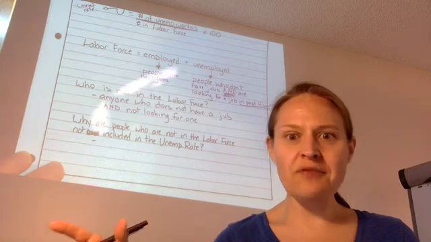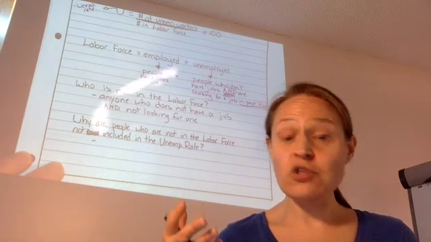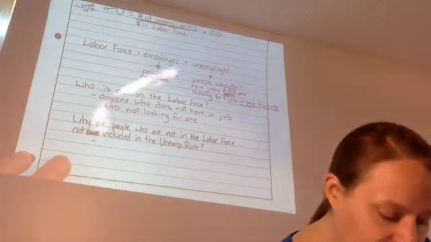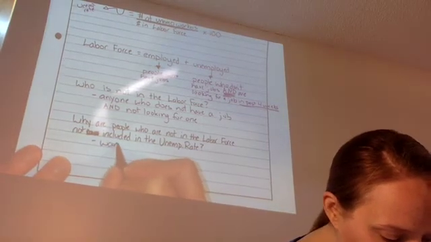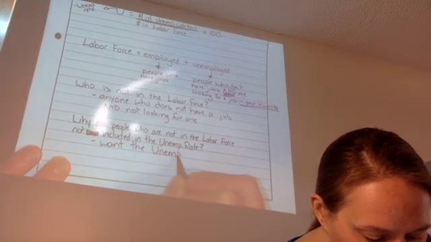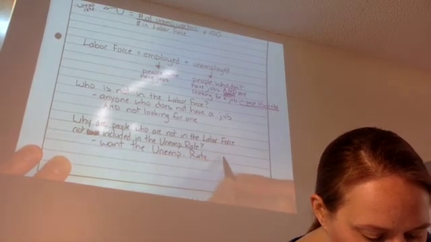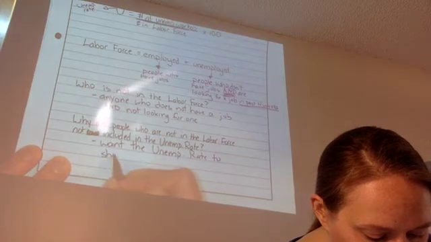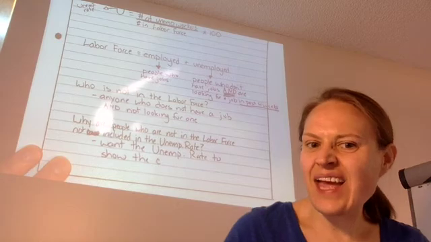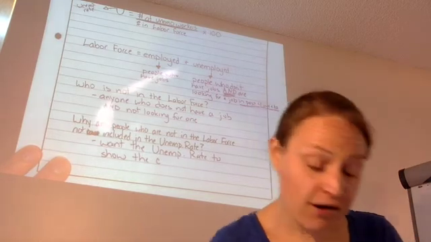They don't have jobs because of choices they've made or their life circumstances. So they want the unemployment rate to show the condition of the economy, meaning, is the economy okay or not?